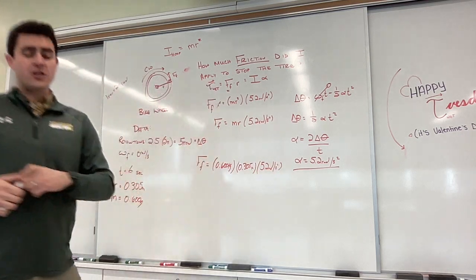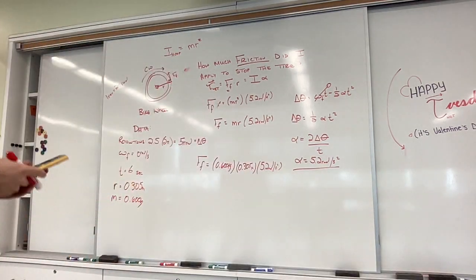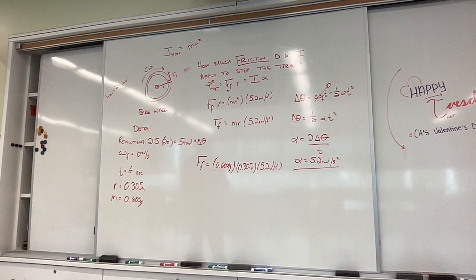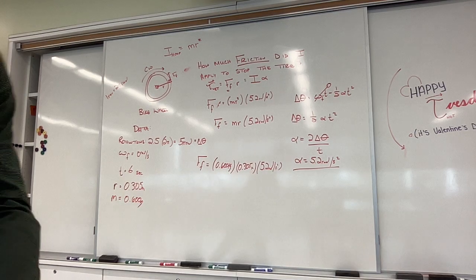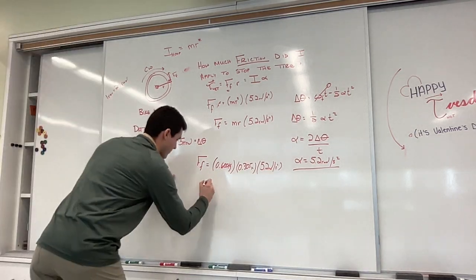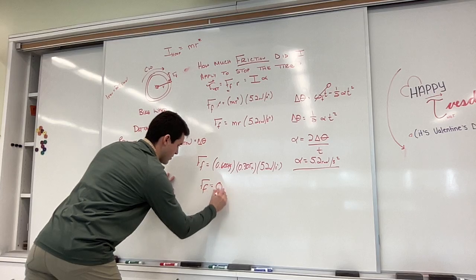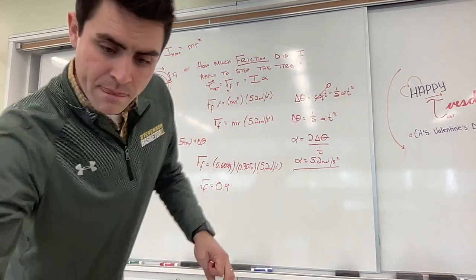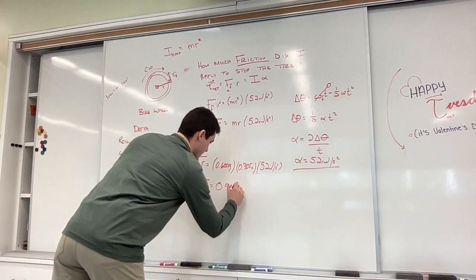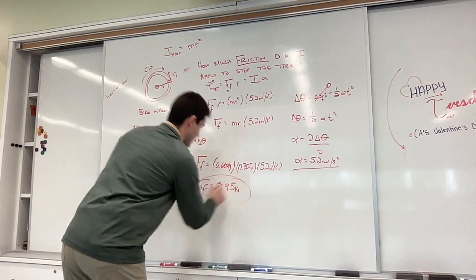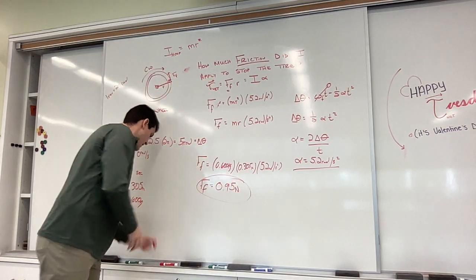The force of friction ends up being, let's hope it makes sense, 0.6 times 0.305 times my answer of 5.2 from earlier. I end up with a force of friction being 0.95 newtons. This is my answer. This is the amount of friction that I applied.